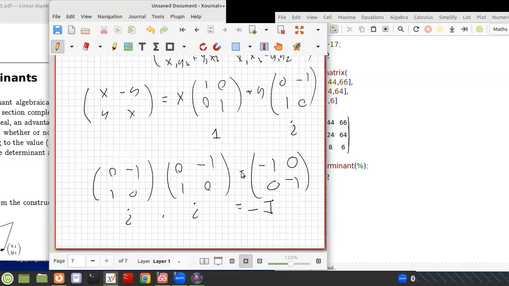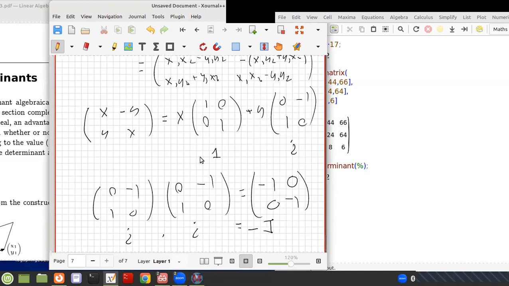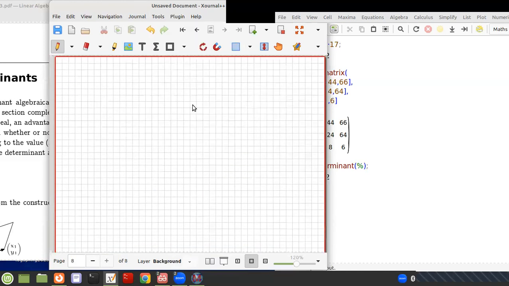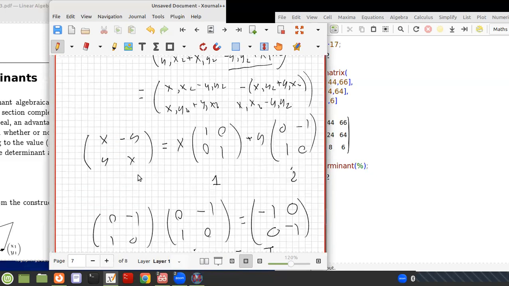So then you can ask, well, what about the complex conjugates? Well, let me see. If my z, so to speak, is x, minus y, y, x, then z star, the complex conjugate of that, should just change the sign of the y, right?